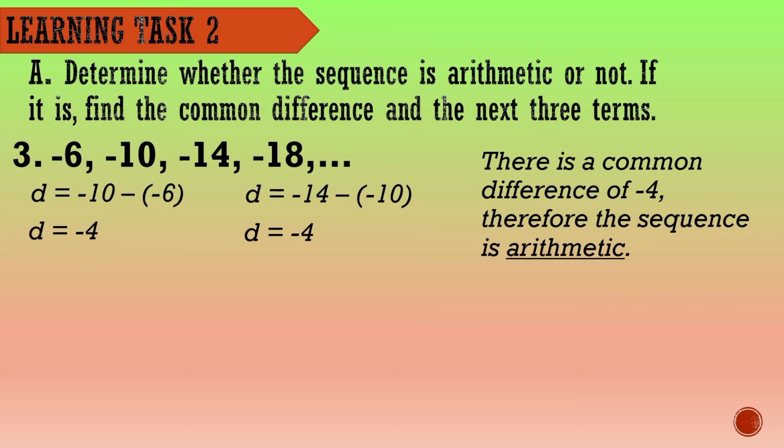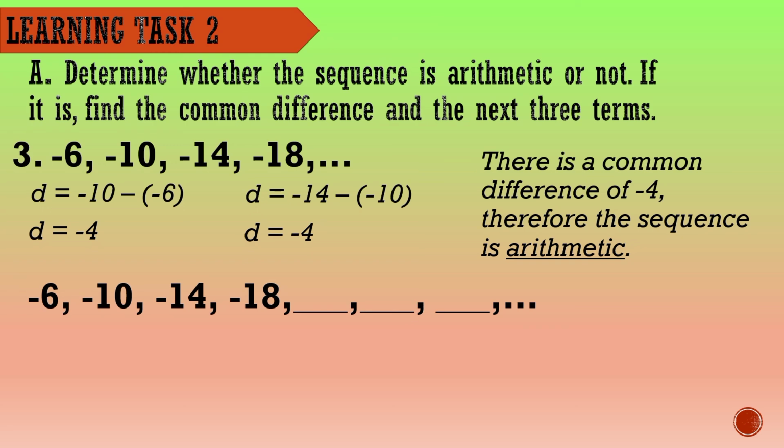Since it is arithmetic, we have to find the next 3 terms of negative 6, negative 10, negative 14, negative 18. Using the common difference of negative 4, we add negative 4 to negative 18. Negative 18 plus negative 4 is negative 22.